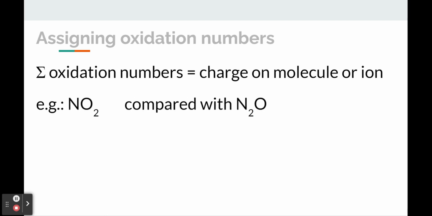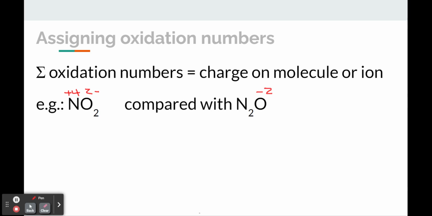If we compare the oxidation number of nitrogen in NO2 versus in N2O, we will see that they have different oxidation numbers. In NO2, we have oxygen here, and oxygen's oxidation number is going to be 2 minus always. 2 minus twice for 2 atoms is going to be 4 minus total. So because this is a neutral molecule, I have to have a +4 for my oxidation number on nitrogen. Now, if we compare that with N2O, here again, oxygen's -2. It's almost always -2.